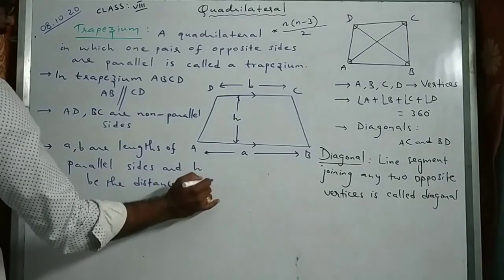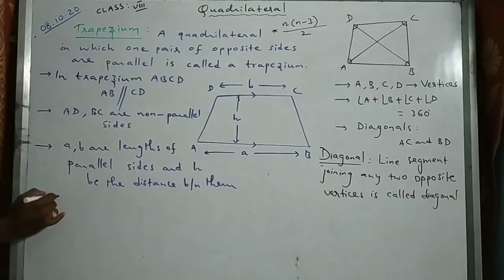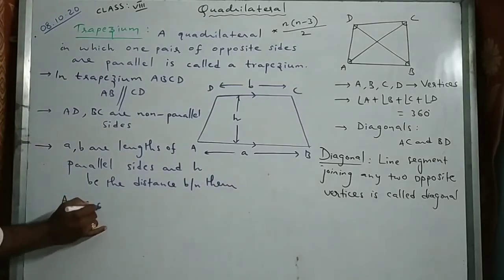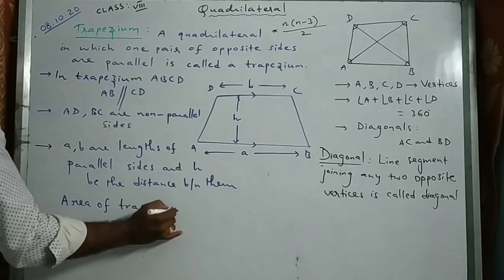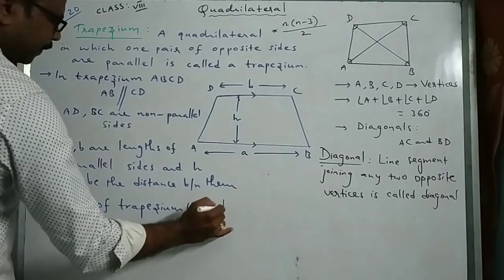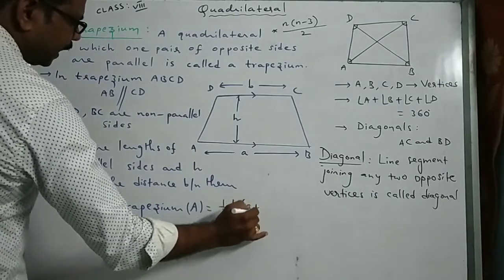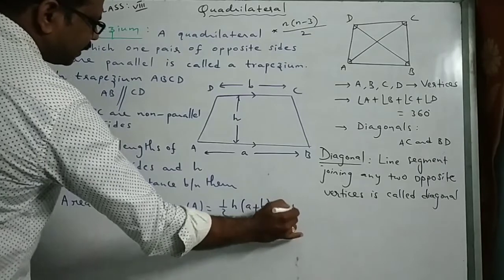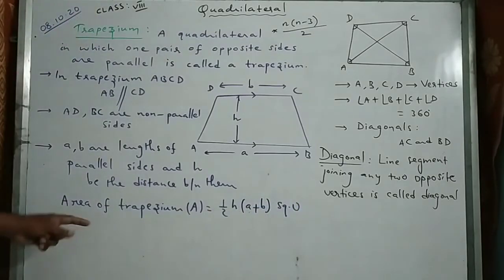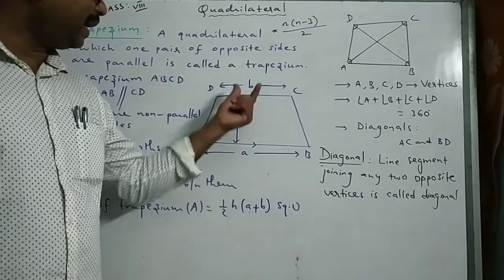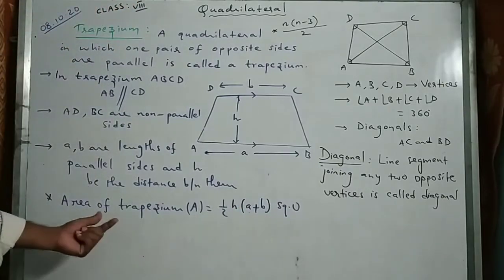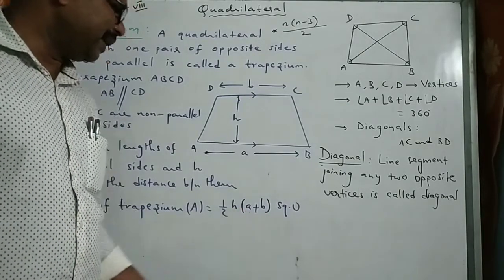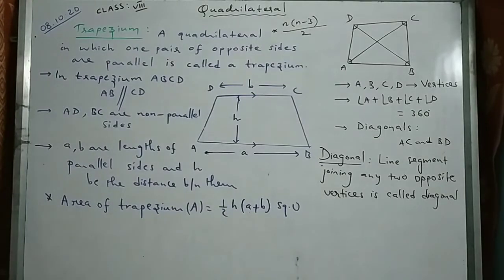Then the area of a trapezium is half h into (a plus b) square units. We will be given small a, small b and h, so by using this formula we can find the area of a trapezium.